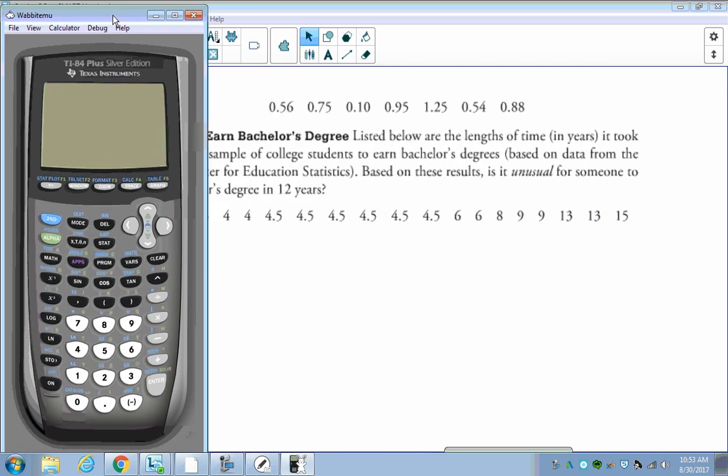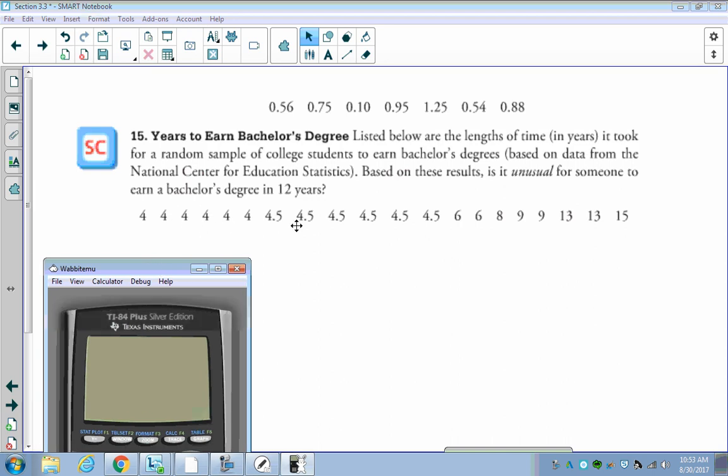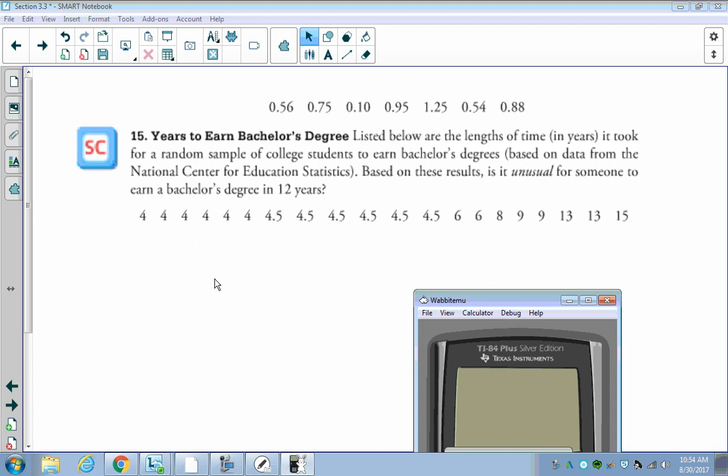Okay, so just like we did in the past, we're going to put that data in our stats list. Now you have a choice because you see here that there's many that are repeated. You can either enter it that many times or you can count how many 4s there are and that's your frequency. Does that make sense? I'm not getting a lot of confirmation there. Okay, so let's do it.